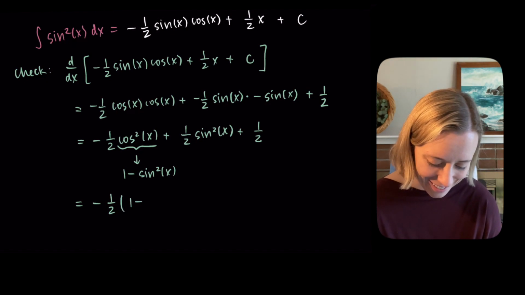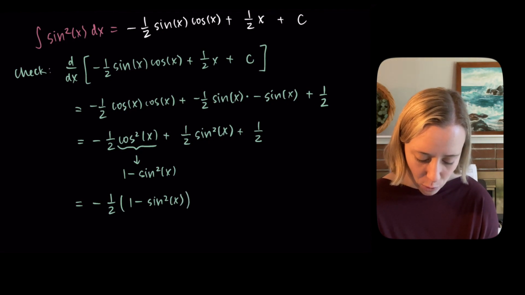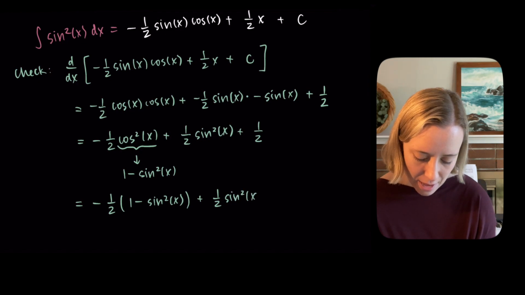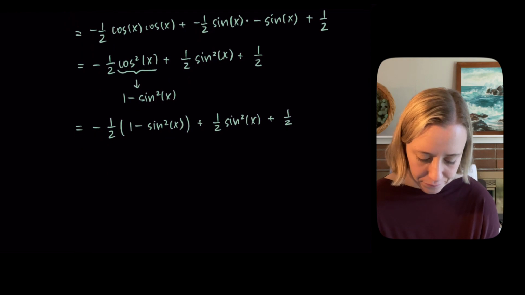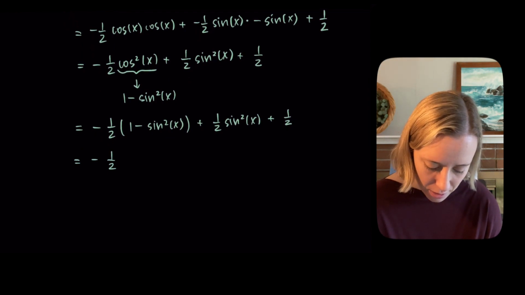Okay, we're almost there. So we put in 1 minus sine squared x. And now we're just going to distribute that negative 1/2 on the outside. So I'm getting negative 1/2 plus 1/2 sine squared.